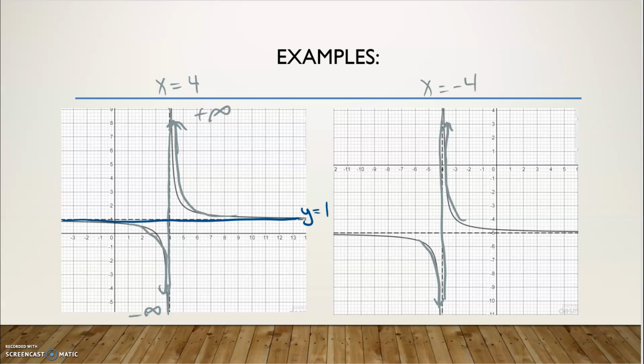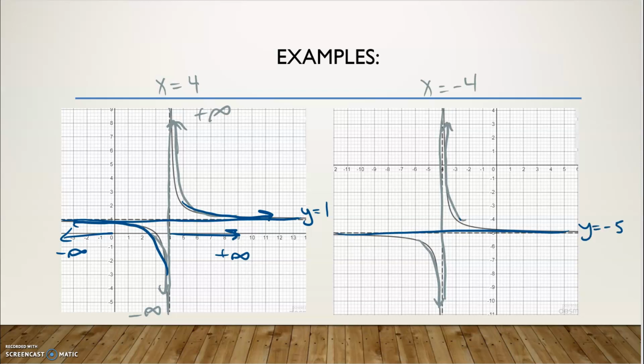Now notice in this direction your function is getting closer and closer to 1. This direction your function is getting closer and closer to 1. Now for the x values, this is negative infinity. Over here, this is positive infinity for your x values. So your x values can kind of go wherever, but your y values are getting closer and closer to y equals 1. And same thing over here, this is y is equal to negative 5.